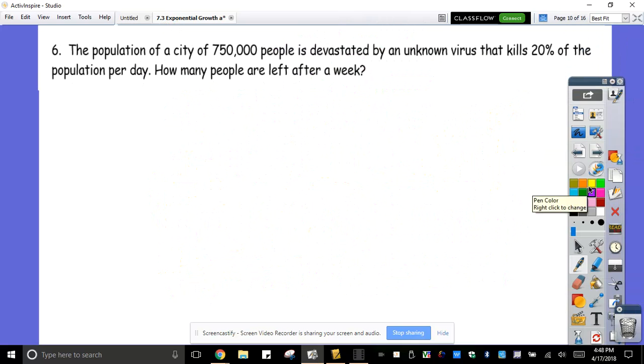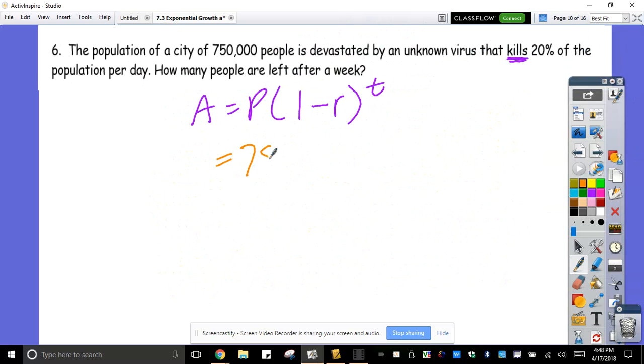A equals P times 1 minus r to the t, since it's killing and getting reduced. We're starting with 750,000 people. 1 minus the rate, 0.20.